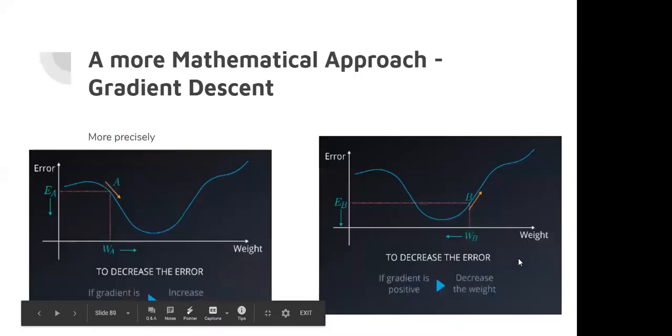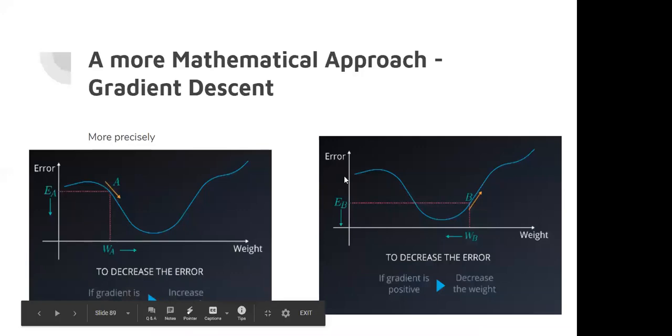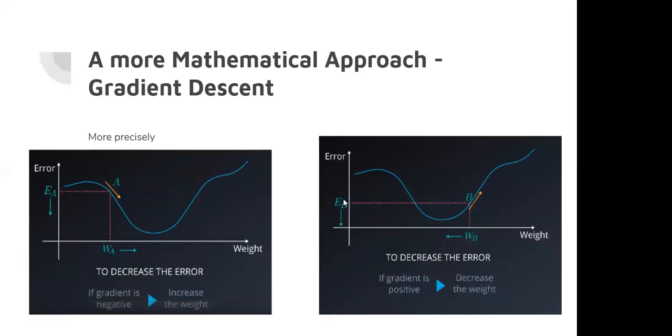So more precisely, let's look at this one. If you are at this point B and you want to decrease the error, you calculate the slope of this function at this point.